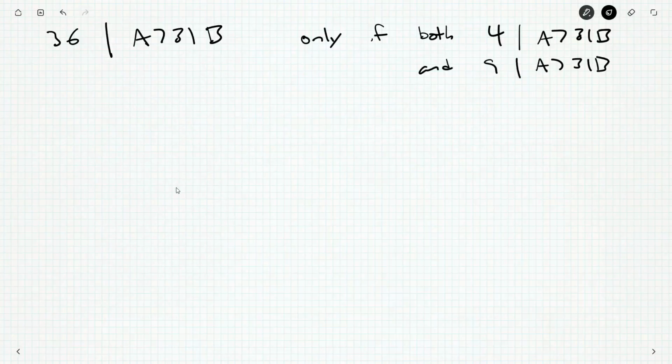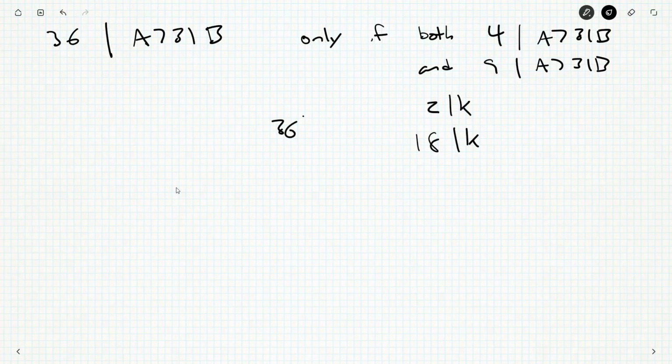You can break it down however you want, as long as the factors of 36 that you're using are co-prime. What I mean is, if 36 divides k, then 2 divides k and 18 divides k, but 2 dividing k and 18 dividing k does not mean that 36 divides it.